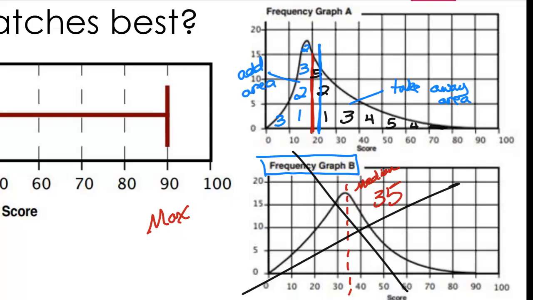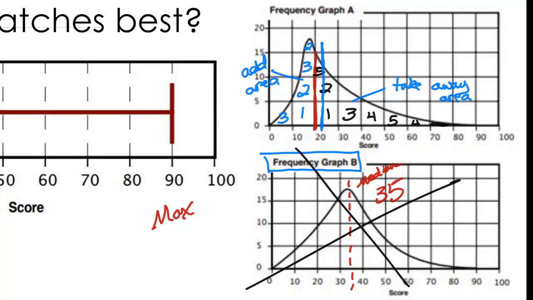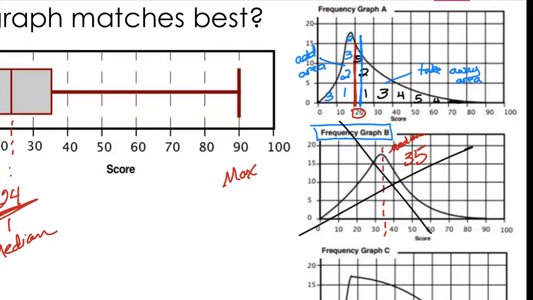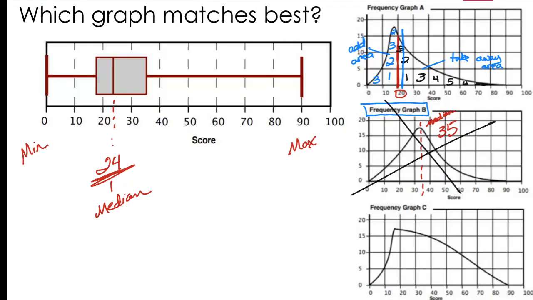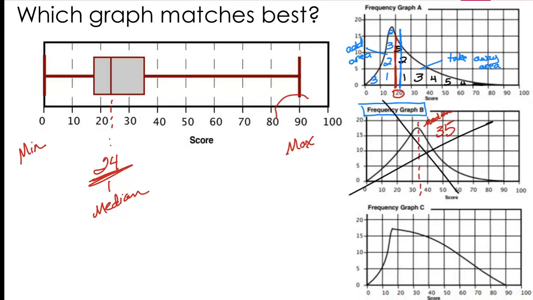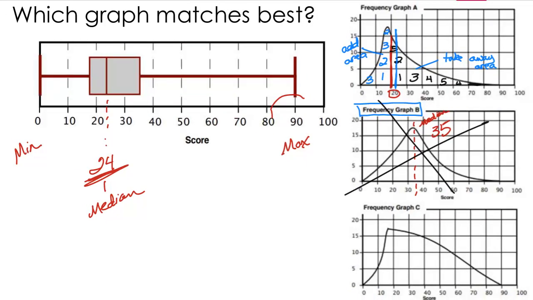So now my median, if I move it to the right, is about at what? If this was 20 right here, this is about 22, 23. Do you think that picture matches up with this box plot?